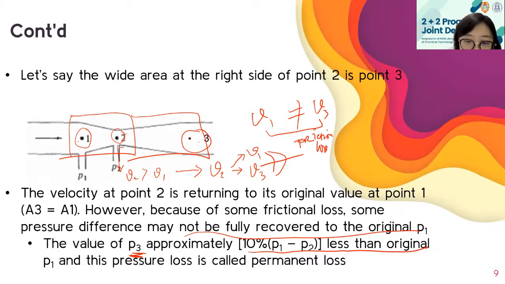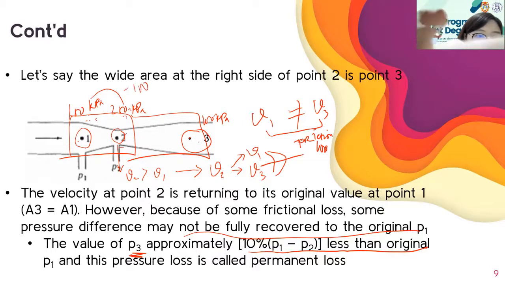So if P1 is 100 kPa and P2 is 200 kPa, then P3 will not be 100 kilopascal. It will be 10% less than the difference of this. The difference is minus 100 kilopascal, and multiplied by 10%, it's minus 10 kilopascal.